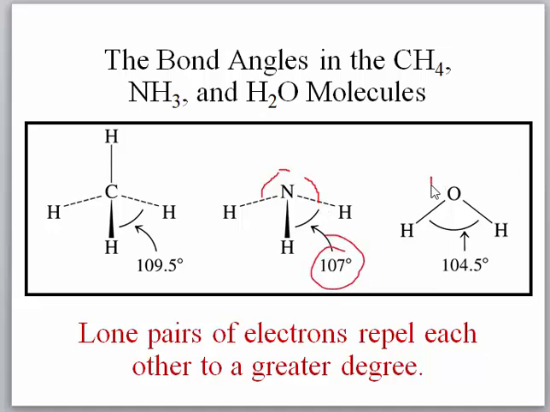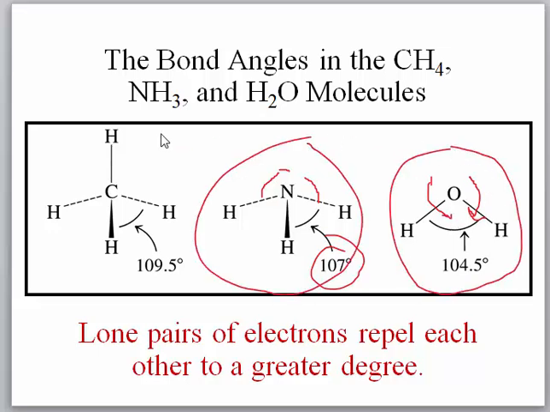And your 2 lone pairs of electrons here would repel even more and squeeze your bond angles down in water. So even though you have a tetrahedral arrangement of everything around here, if you have lone pairs, your geometry becomes trigonal pyramidal and bent based on your lone pair repulsions.